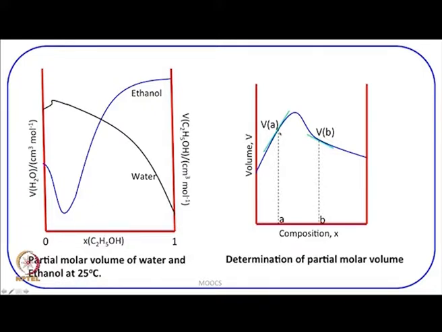For example, at point A, the partial molar volume will be the slope of this, dou V by dou N. Composition, mole fraction, can be expressed in terms of N, and this is how the partial molar volume of a substance in a mixture can be determined. That is, if I know the variation of volume with composition, I can take the first derivative, and that should give me the value of partial molar volume.